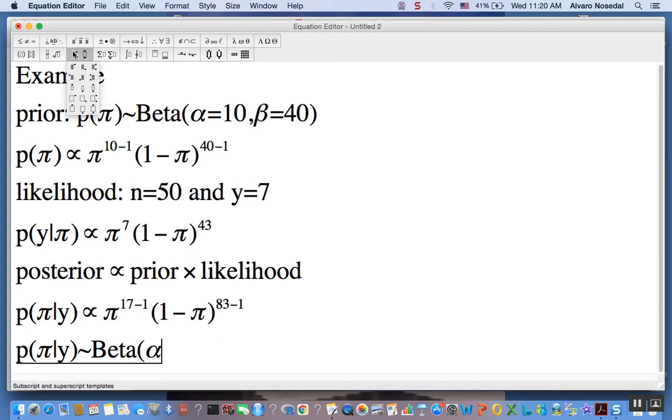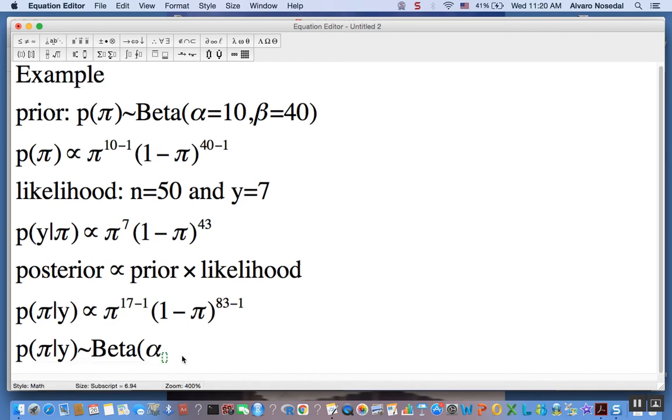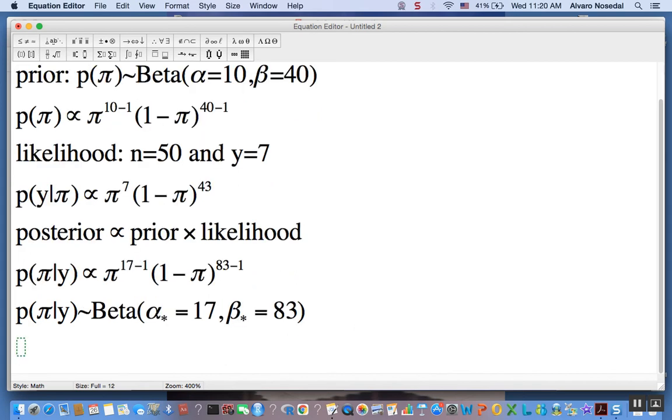Alpha star represents the parameter for our posterior, so alpha star is going to be 17, and beta star, the new beta, the one for the posterior distribution, would be 83, right, this guy here.